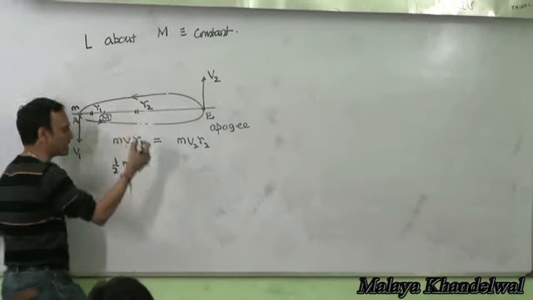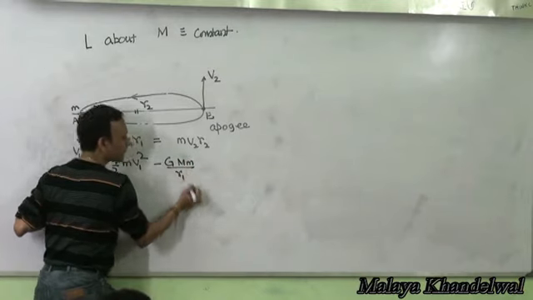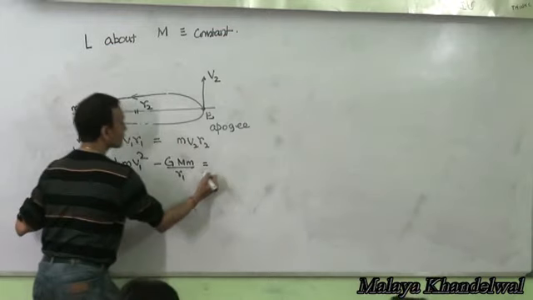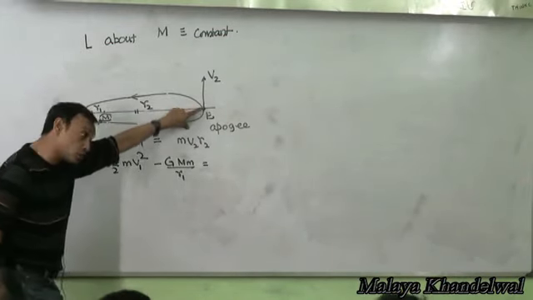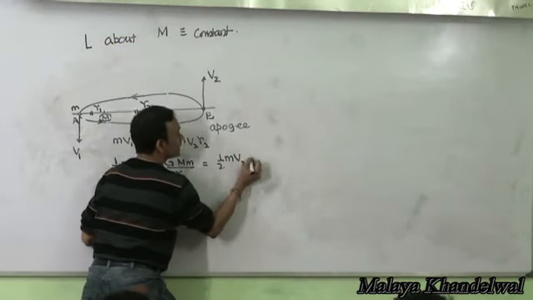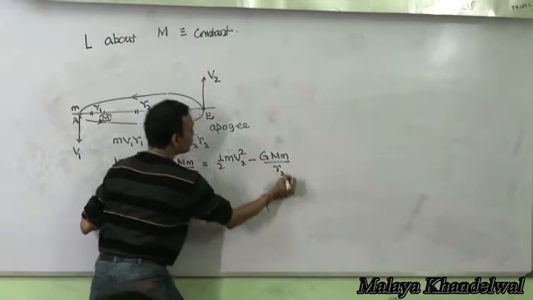Minus GMm by r1 is going to be the potential energy. This must be equal to the total mechanical energy at B, which is half m v2 squared minus GMm by r2.